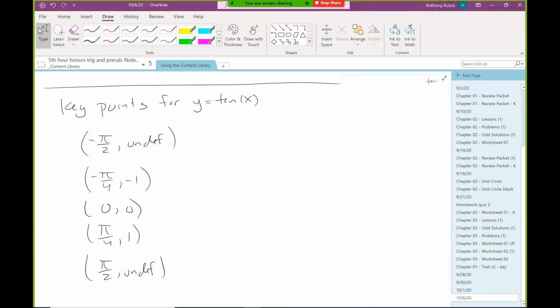So those are the 5 key points that we're going to use to graph our tangents. And also when we write the equation for tangent, when we figure out our h and k, those are going to be the 5 key points that we'll draw from.